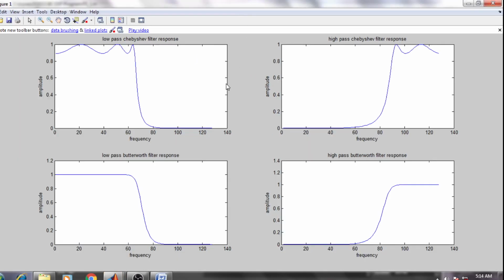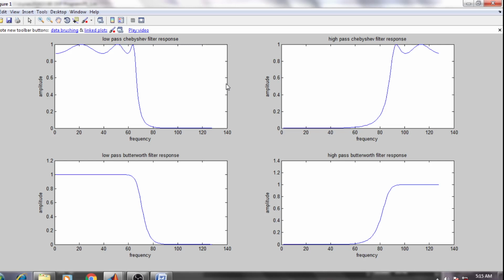From this result, you can do the comparison yourself between the Chebyshev and the Butterworth filter. If you look at the response, you can say the passband carries multiple ripples in the Chebyshev filter, but no ripple in the Butterworth filter. See, the result is in front of you.